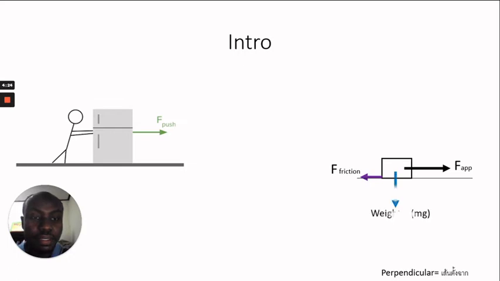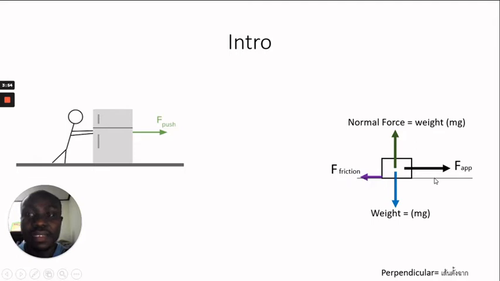There is also the weight of the object, mg, and there is the normal force, which is perpendicular to the surface. Because the normal force and the weight are in opposite directions, they are equal and opposite. So the normal force is equal to mg when we have a flat surface.